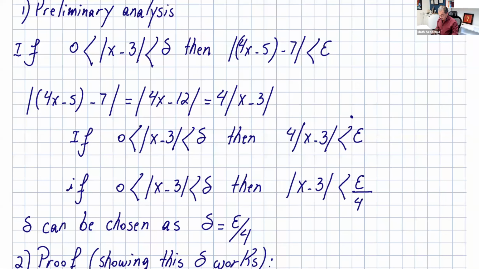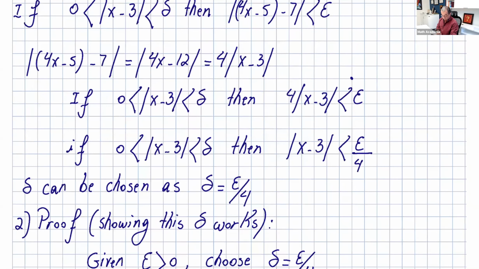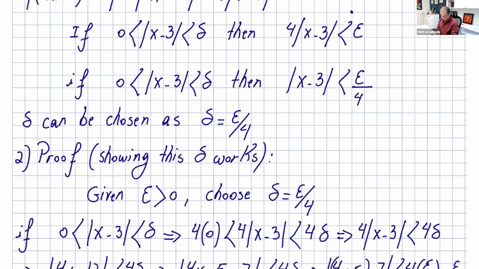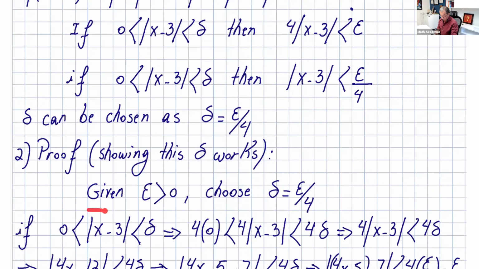If we isolate the absolute value of x minus 3, we get that it's less than epsilon over 4. So delta can be chosen as epsilon over 4. So delta equals epsilon over 4. But let's see if that works. Just remember, always, epsilon and delta are positive numbers.